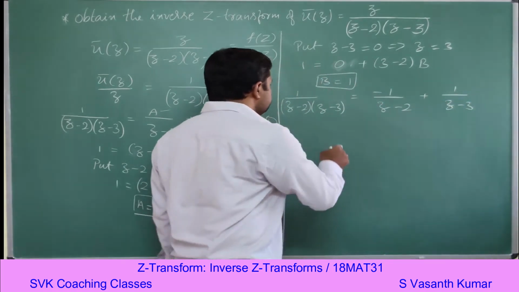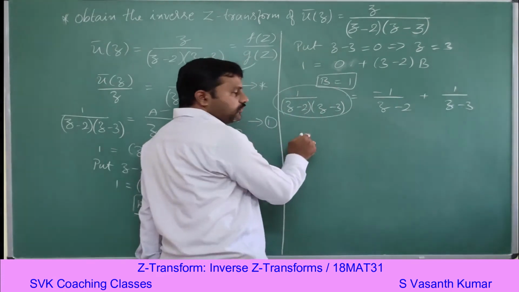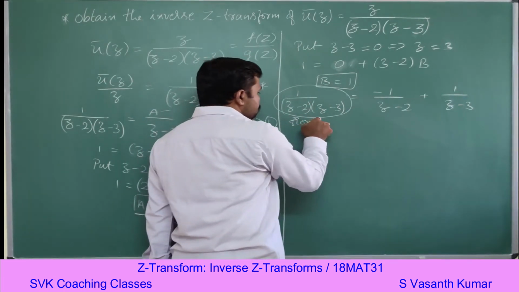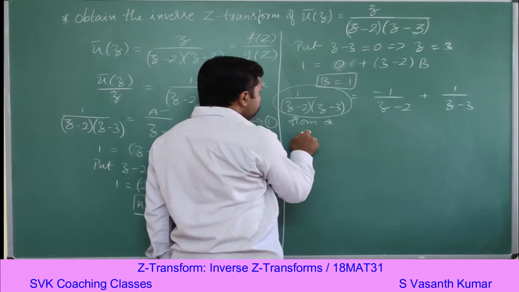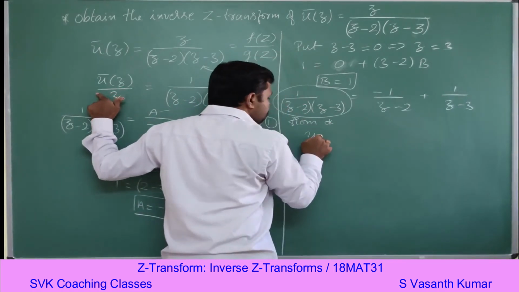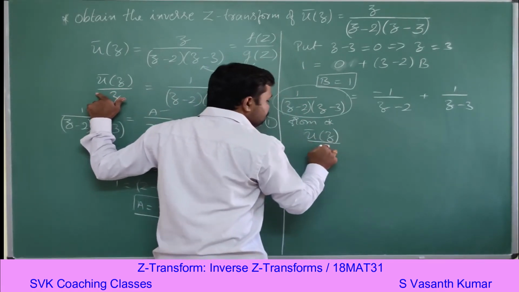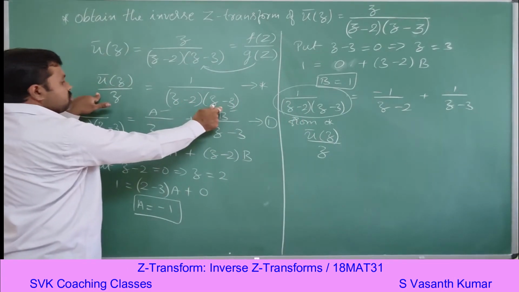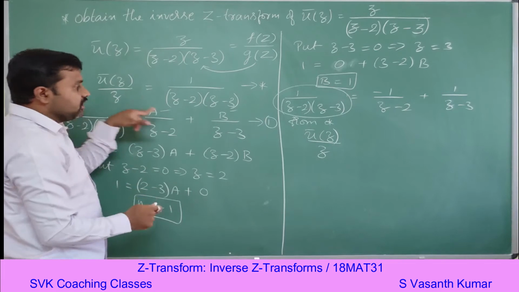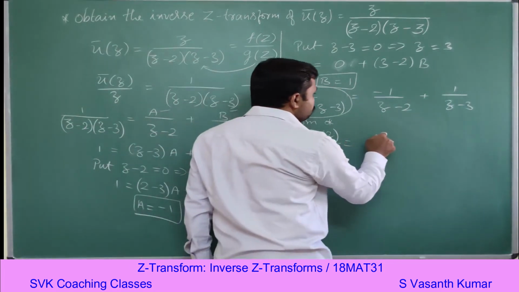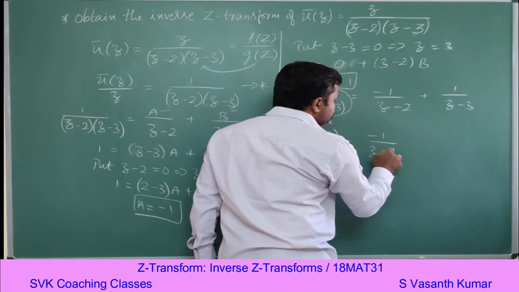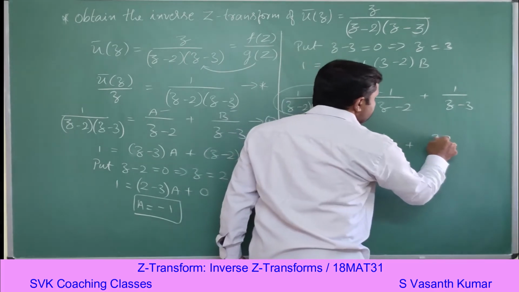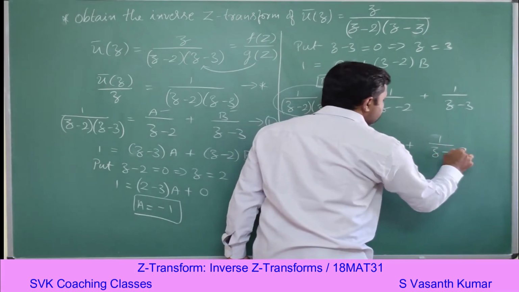Now from star, this is nothing but U bar of z by z. From star, 1 by z minus 2 into z minus 3 is U bar of z by z. Substitute that value, which is equal to minus 1 by z minus 2 plus 1 by z minus 3.